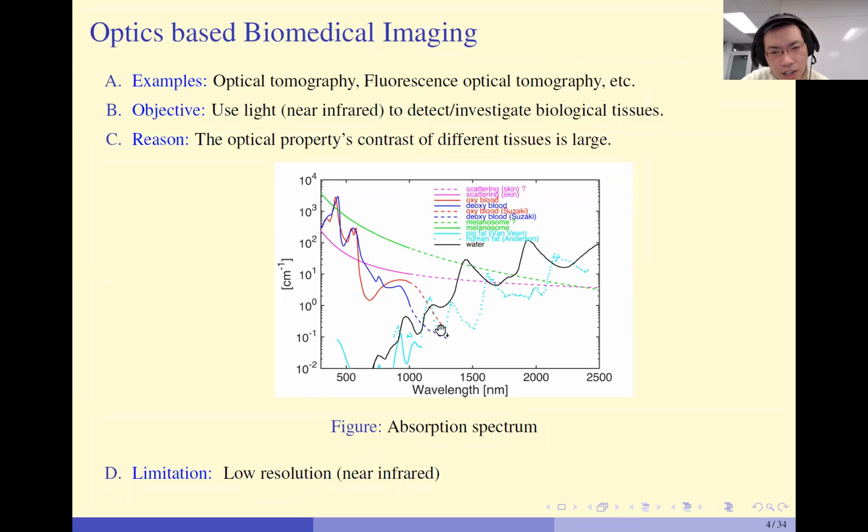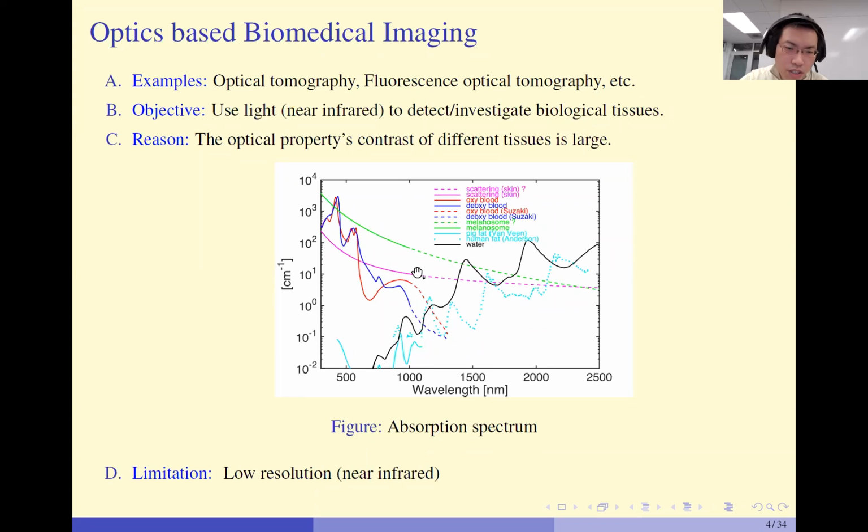The red line refers to the absorption coefficient of oxygenated blood, meaning the blood has more oxygen. The blue line is the absorption coefficient for blood without sufficient oxygen. They have a very large difference because the vertical axis is in log scale.